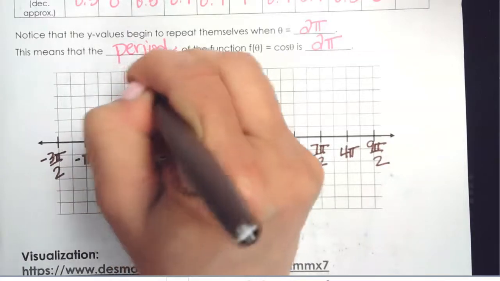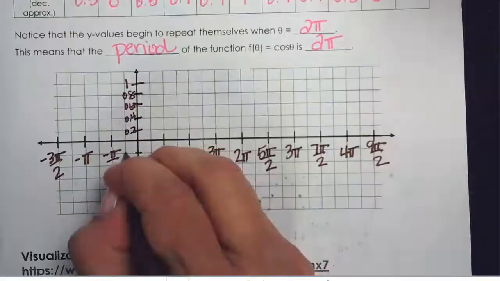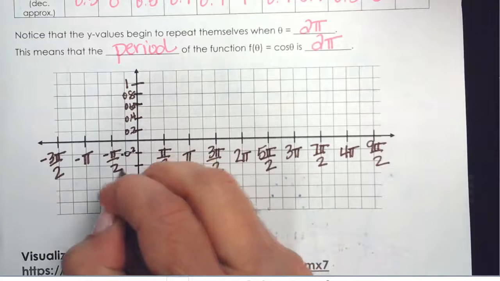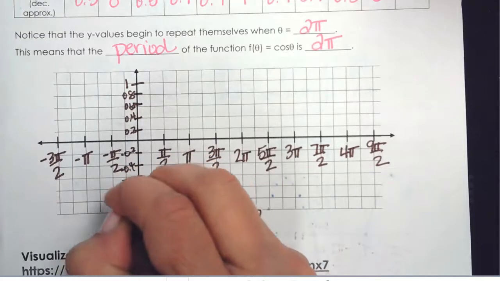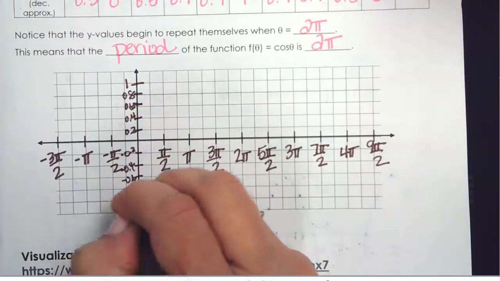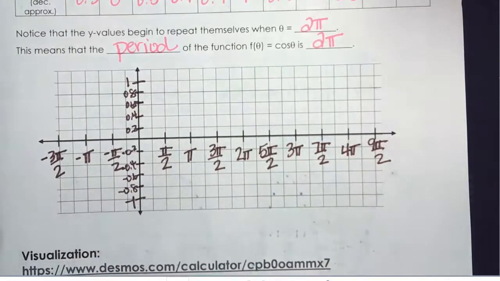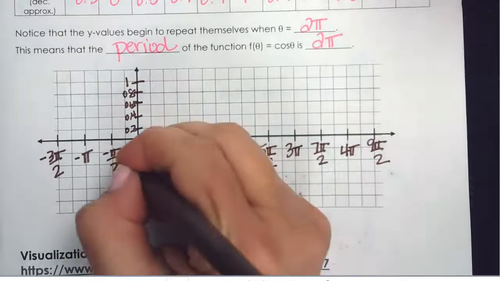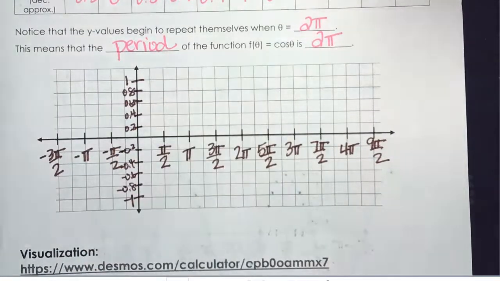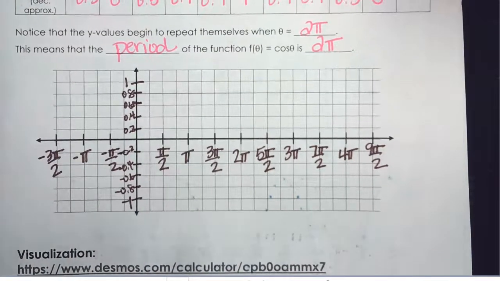So I'm going to once again just go by 0.2s. Again, we won't do this forever, but we'll just do this for today. And then we can start plotting, okay?